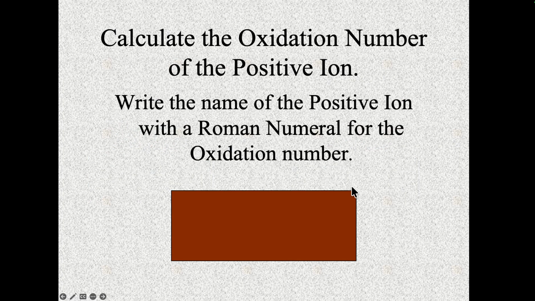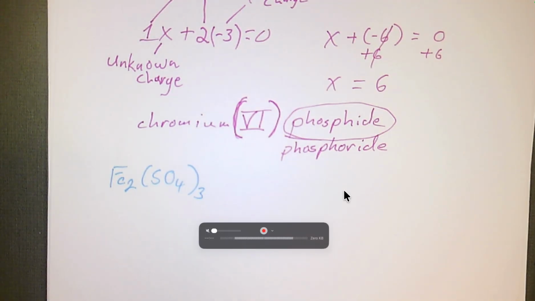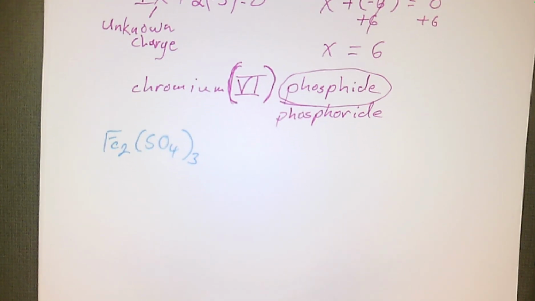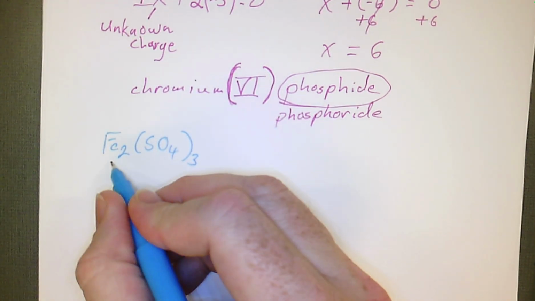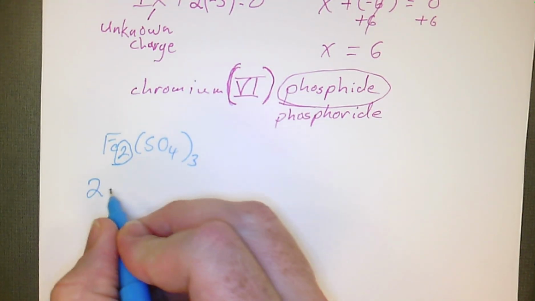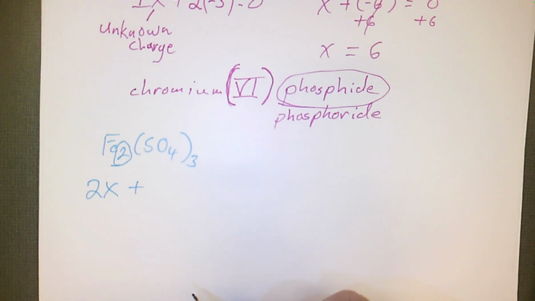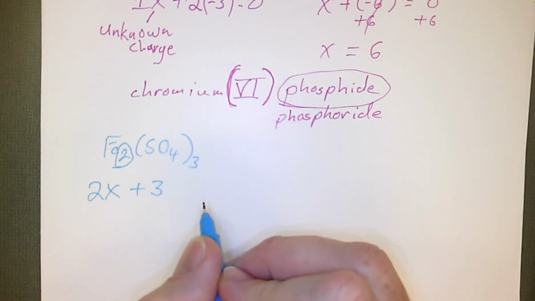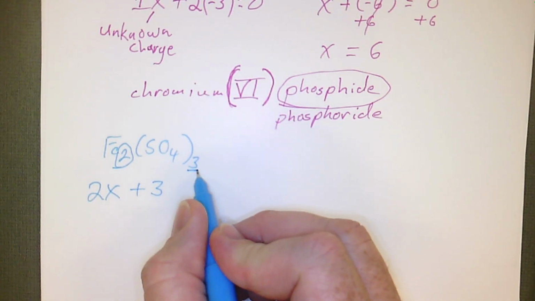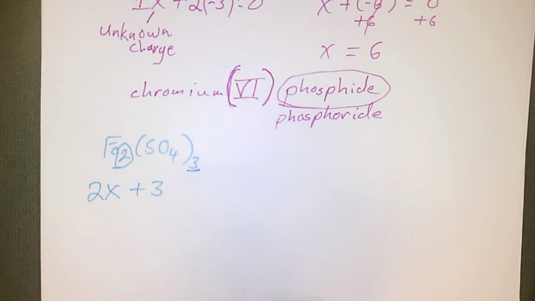So we're going to do the calculation thing again, right? So how many X? Yeah, this time it's going to be 2X because there's a 2 there. Plus, all right, how many of the second thing? 3. Okay? Now, it's 3 because it's a polyatomic ion and there's a number outside it.